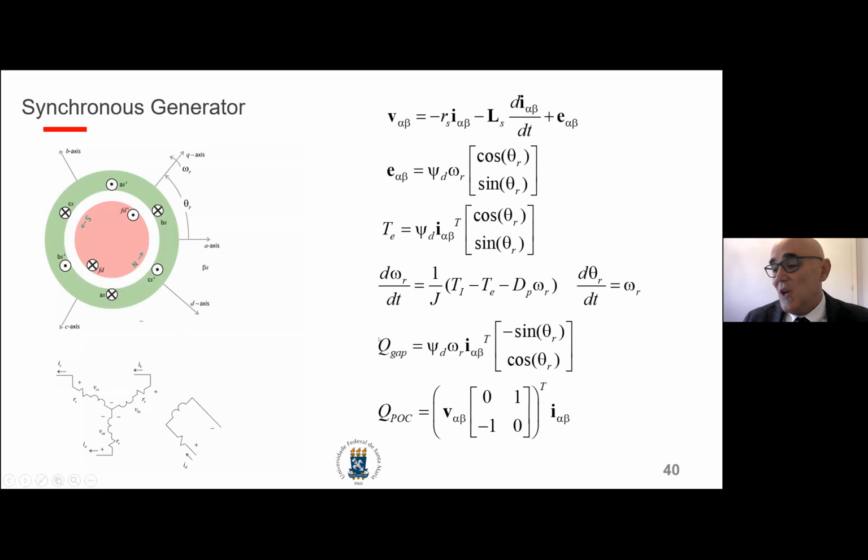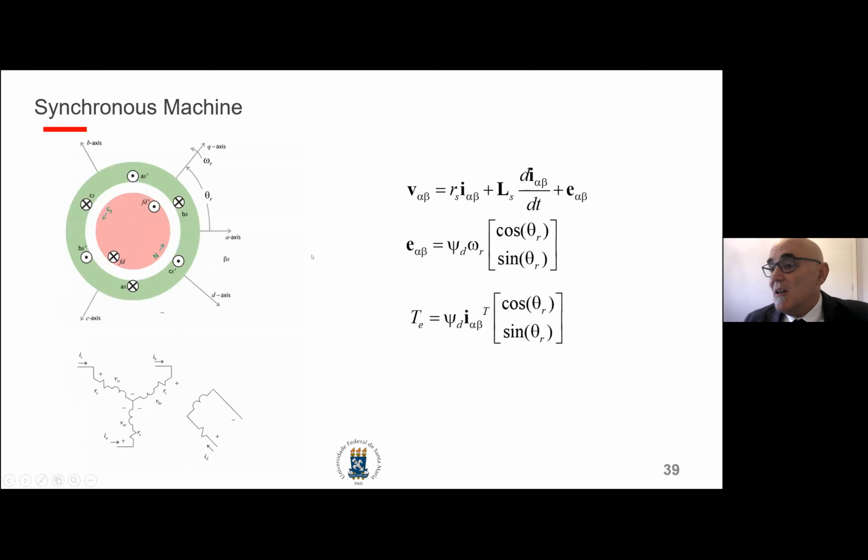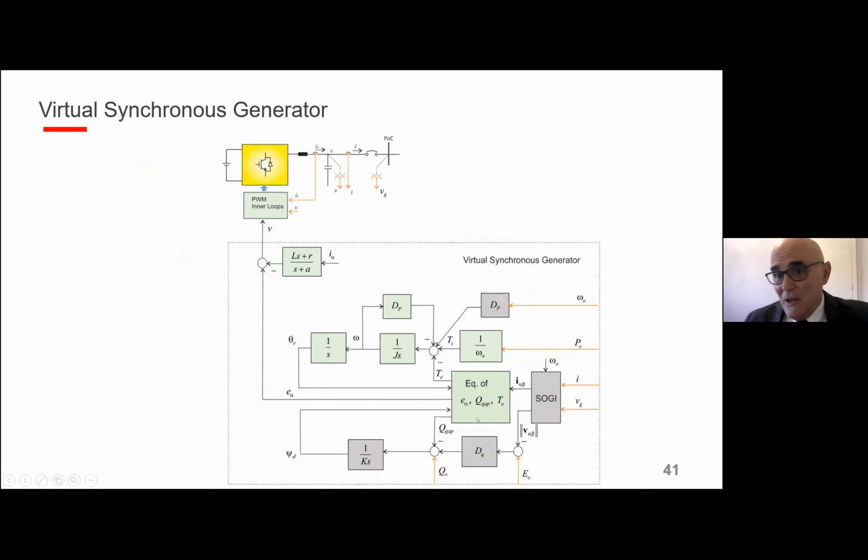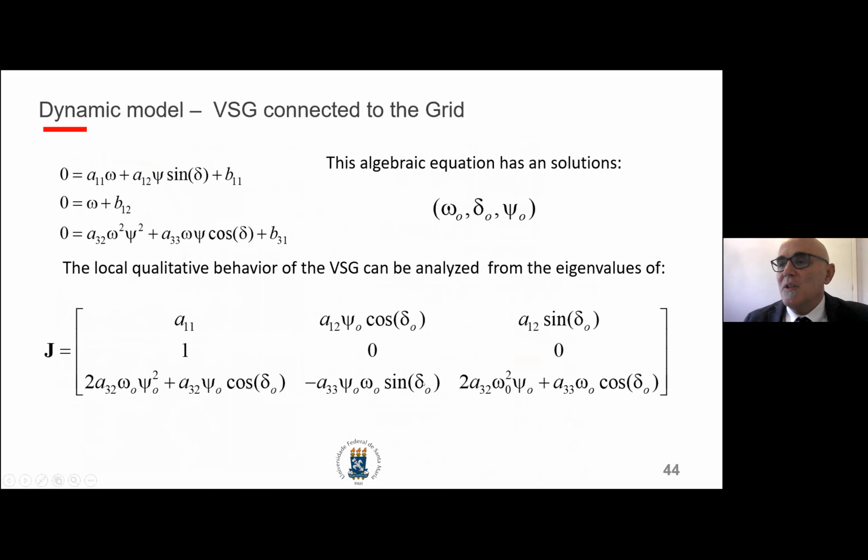In one case, you have the feedback of the reactive power in the gap, and in the other you have the feedback of reactive power at the POC of the DR. Okay, so we implement these dynamic equations in C code, and then the inverter emulates a synchronous machine. So we have the swing equation, we have some damping coefficient that is associated with the droop. So dP and dQ are related to the droop.